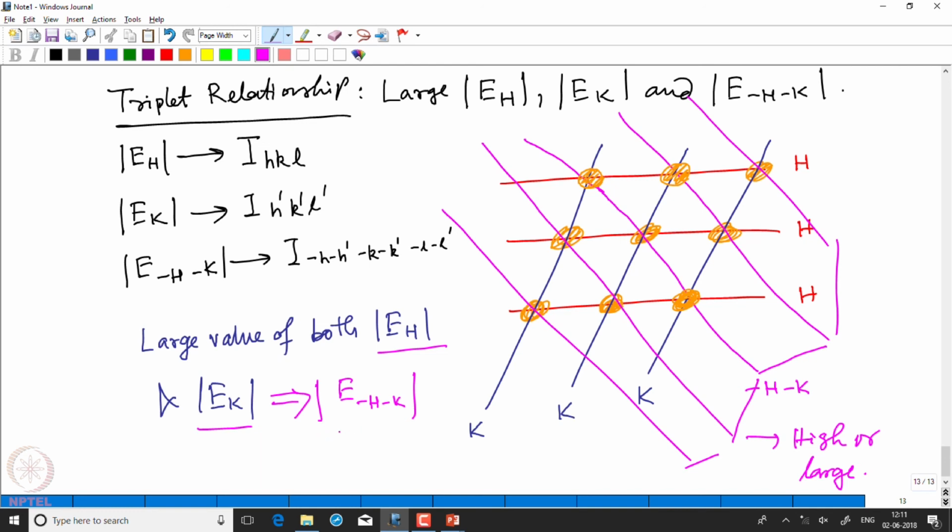So, this also represents a situation where by observing two different reflections of different HKLs, one can then say that a third reflection will also have a very high value of E, and if the phases of EH and EK are same, the phase of E minus H minus K will also be the same.